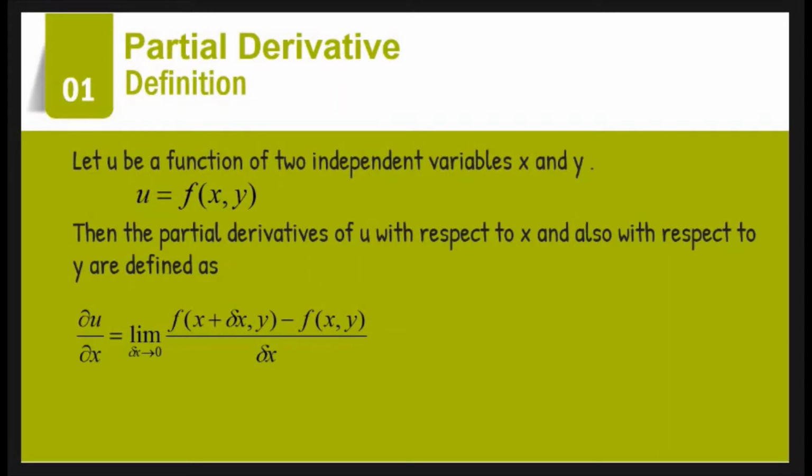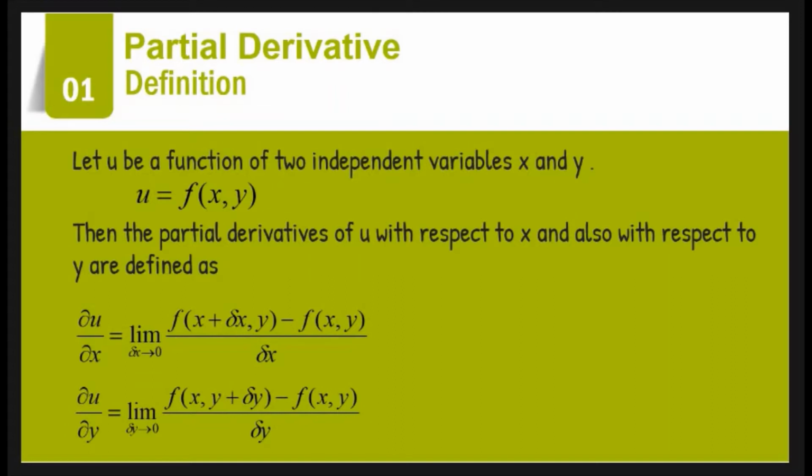Here y is treated as a constant, there is no change in y. This is called the partial derivative of u with respect to x. And dou u by dou y is the rate of change of the function with respect to y, where x is treated as a constant. So here there is no change in x. So dou u by dou y is the partial derivative of u with respect to y.